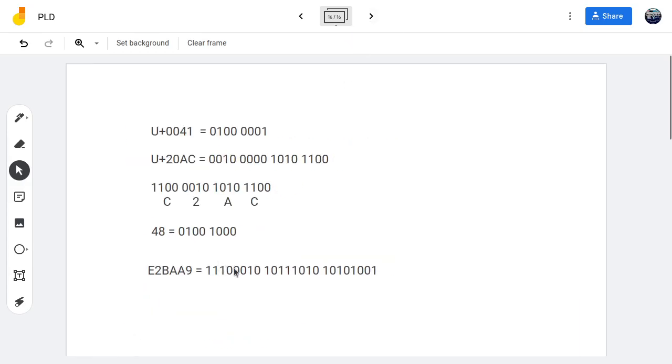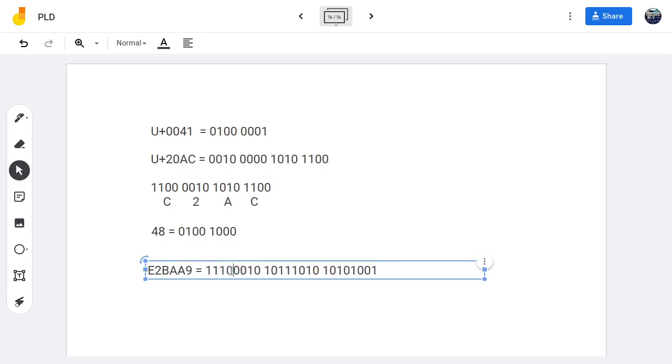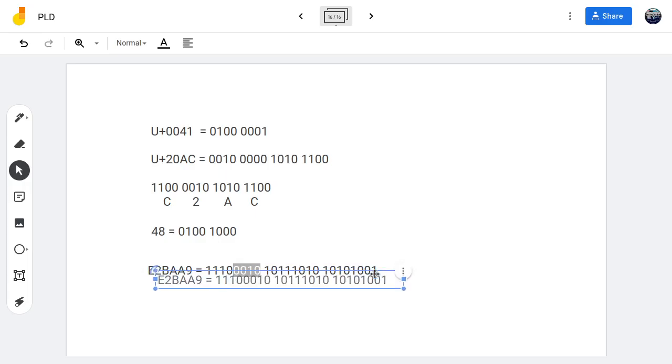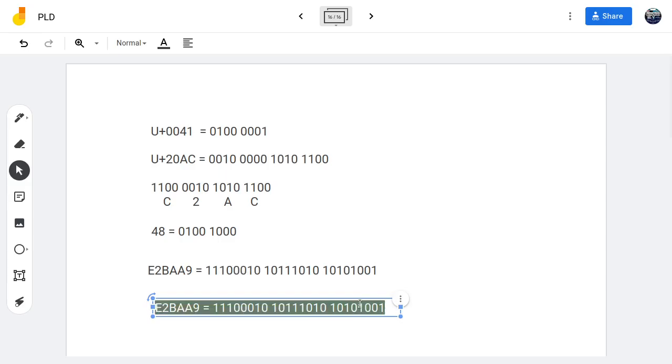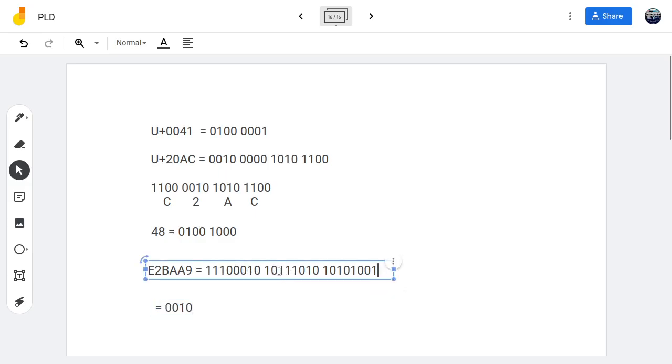So 1110, that means we are taking off this 1110 first, and we're taking off this 10. So we'll copy these. We know that this was added to make this UTF-8 valid. I'm going to start forming a new one. So our answer now is, I copied this 0010 and paste it here.